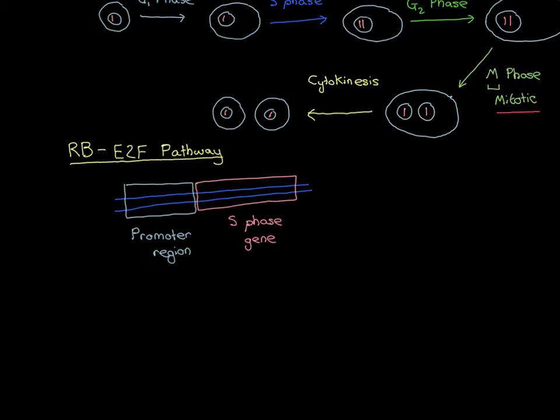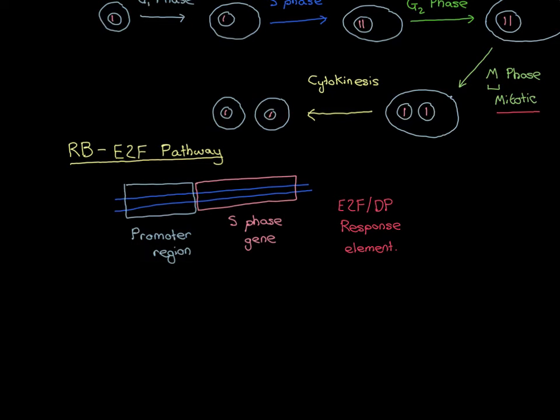So let me just write this down, and I'll choose red to have this in. So, in the promoter regions of all of the S phase genes, you find something called the E2F DP response element, and this is just a small sequence of organic bases to which a complex of proteins called the E2F DP complex is capable of binding to.